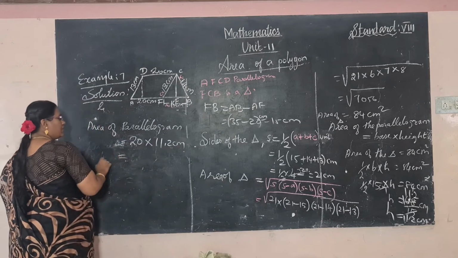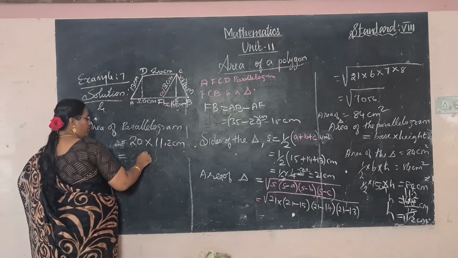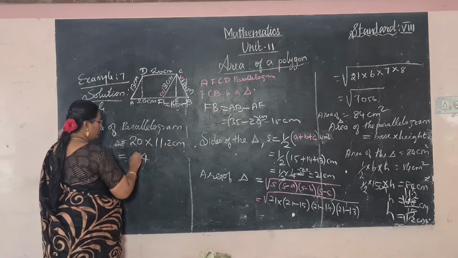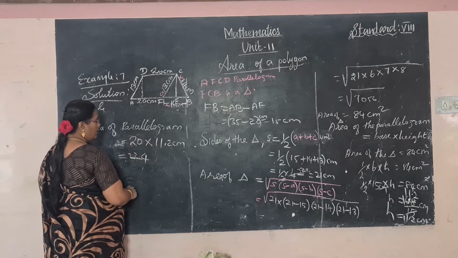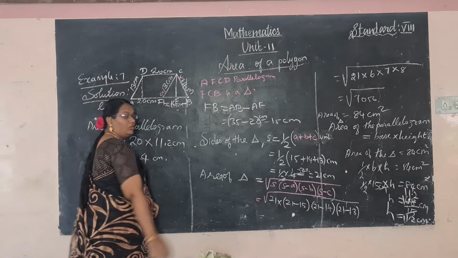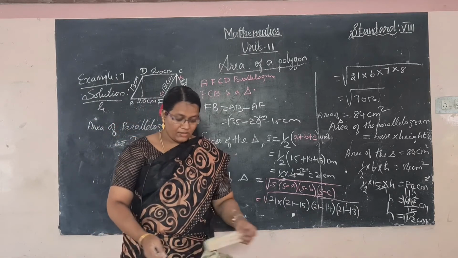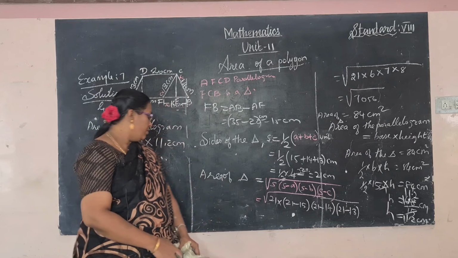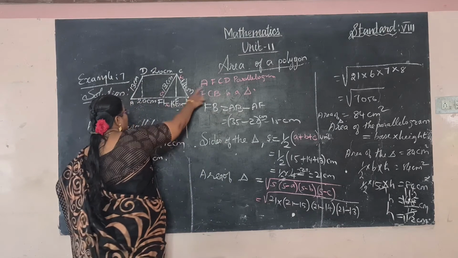Okay, so multiply these values. So the area of the parallelogram is 224 centimeter square.